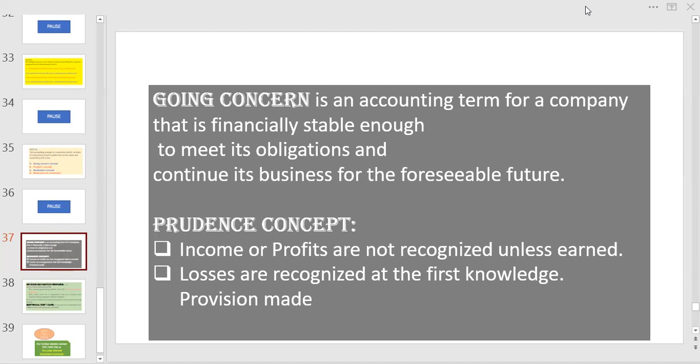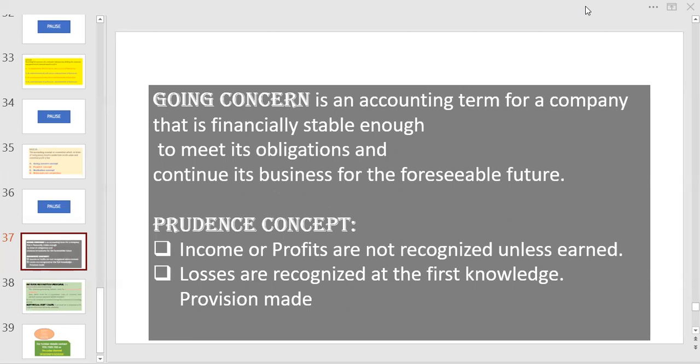Why this is important in our accounting is, suppose we have an asset which has a lifetime of 5 years. If the business is going to close in 1 year, how can you hold an asset for 5 years? So that asset will have to be written off in the first year itself. Like this, for every accounting entry, the approach will vary.